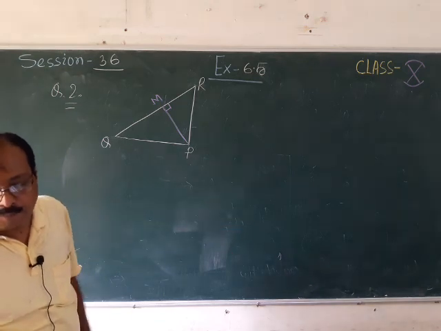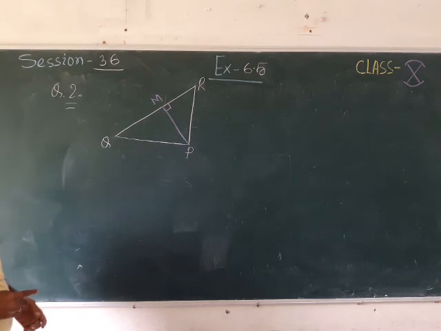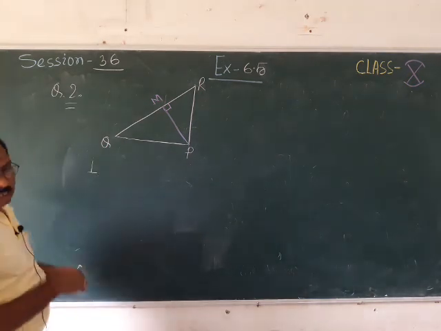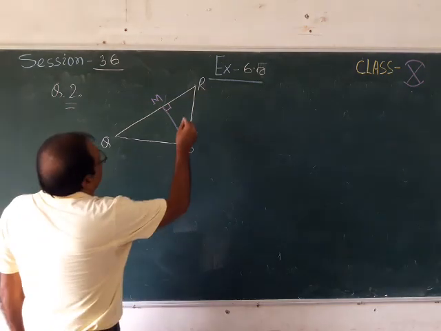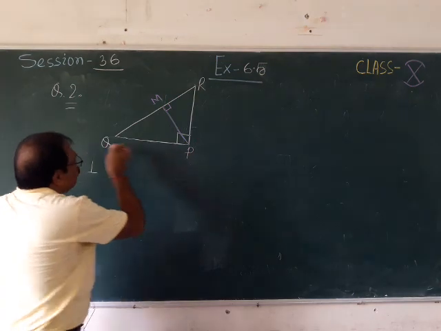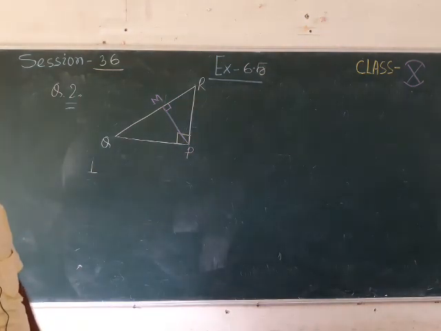So that PM square equals QM into MR. Let me write: in a right angle triangle, it is clear that this angle is also a right angle. That means RPQ is a right angle, that means 90 degree.